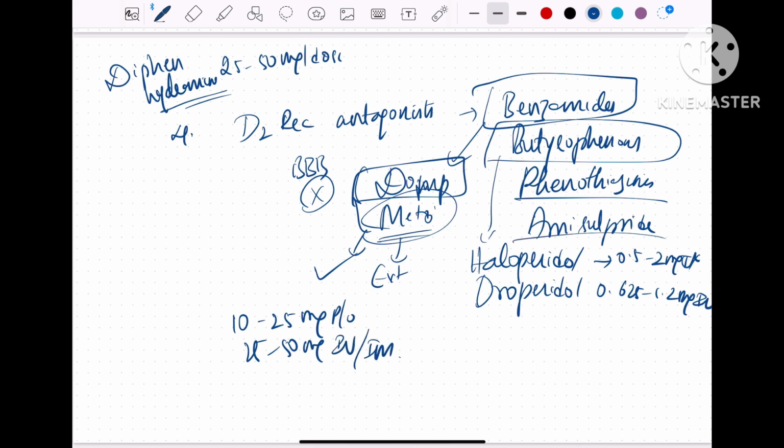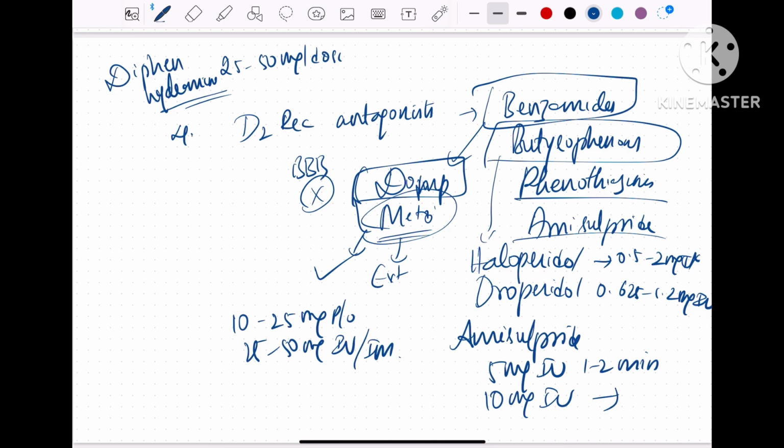Amisulpride is given at 5 mg IV over 1 to 2 minutes for prophylaxis of nausea and vomiting, and for the treatment it is 10 mg IV over 1 to 2 minutes.